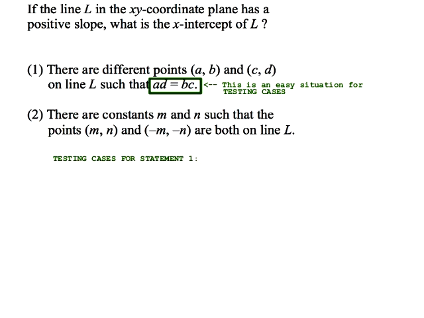You're going to pick A, B, C, D, right? And then once you have those, you're just going to find the point A, B, and C, D. You do have to obey the condition that AD equals BC. So that's got to be a thing.